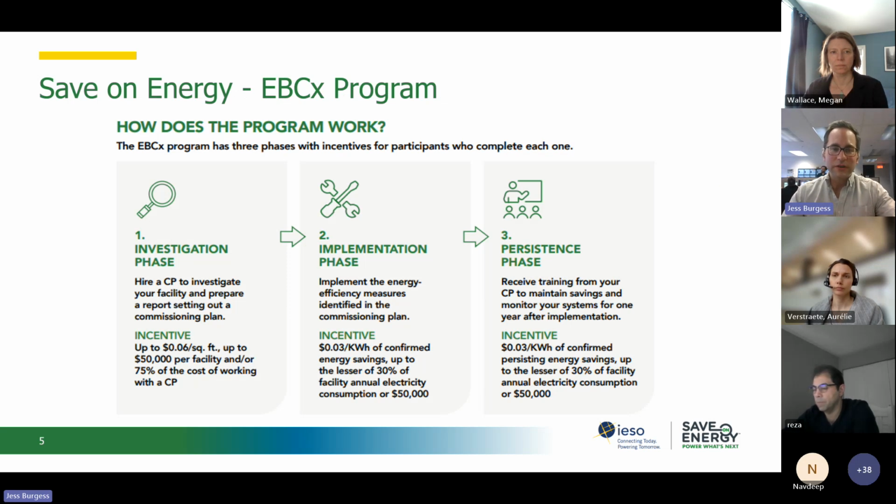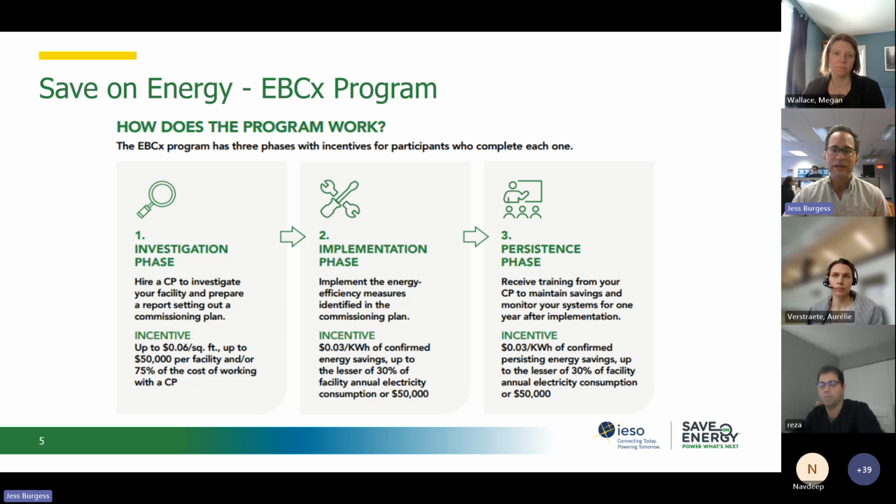Also, Save on Energy offers an incentive program to offset some of the costs of EBCx projects. That program uses a 3-phase approach, much like we're talking about today, with the investigation phase, moving into implementation, and then a handover and persistence phase. There are some program requirements.